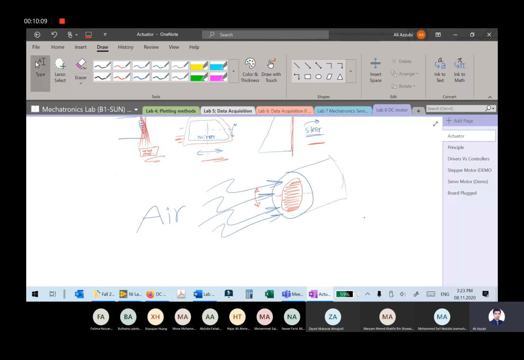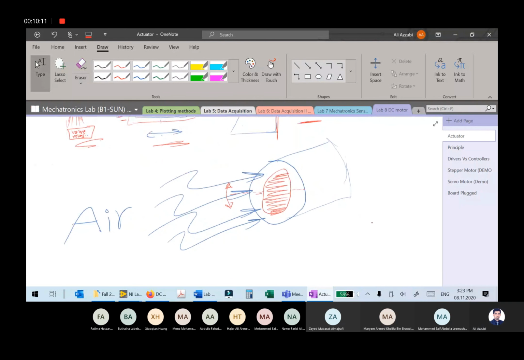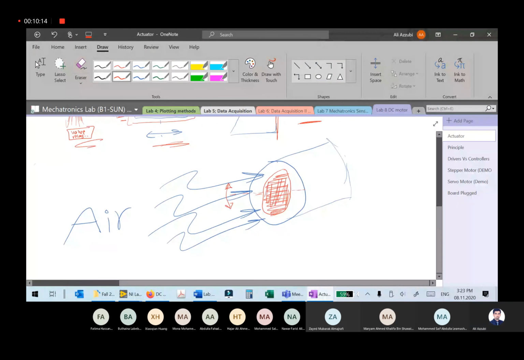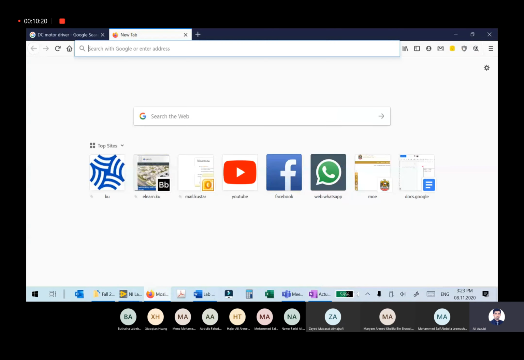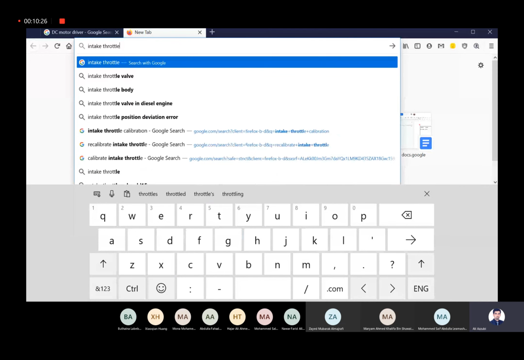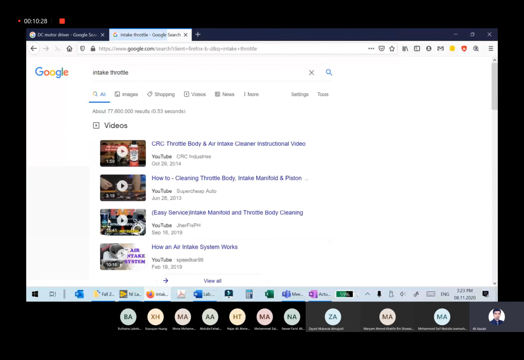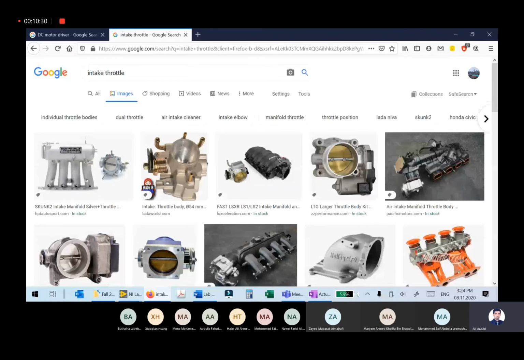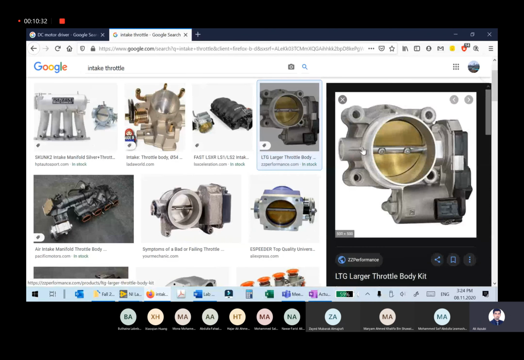The drawing maybe not perfect, but okay. Intake throttle. Okay, sure. So you see this one. So this one is actually a throttle body.